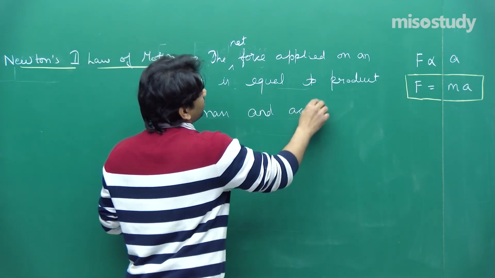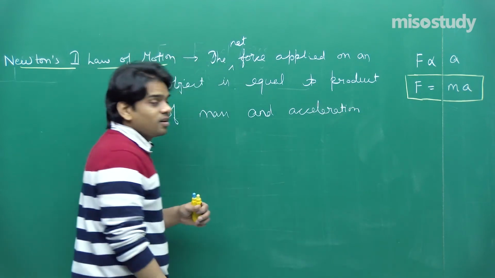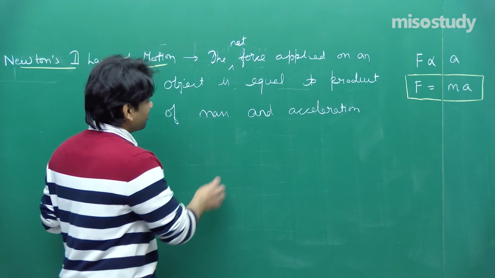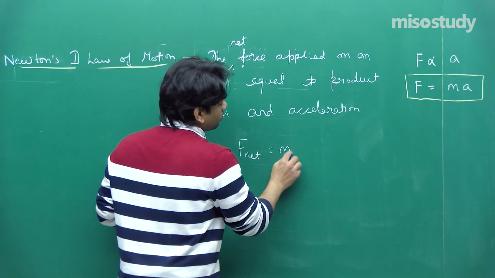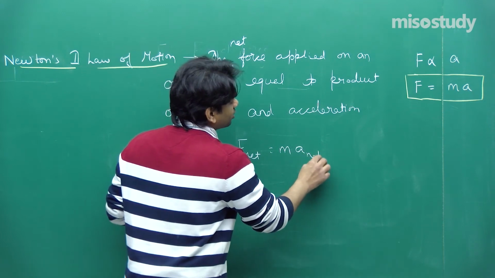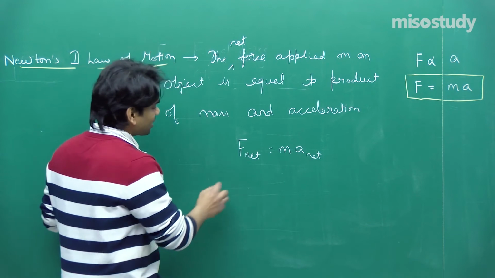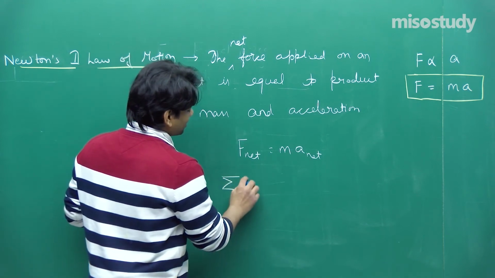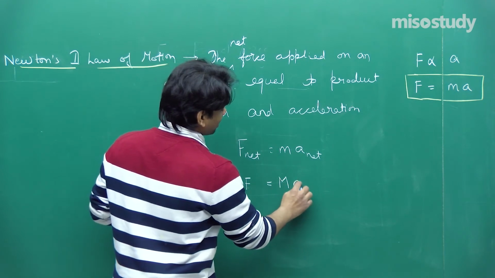I believe that this concept is clear to you all. In simple words, what we can write? We can write F net is equal to mass into net acceleration of the object, or, if there are several forces acting on the object, we can write sigma F is equal to mass into acceleration.